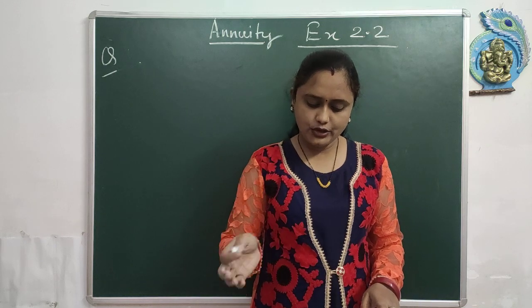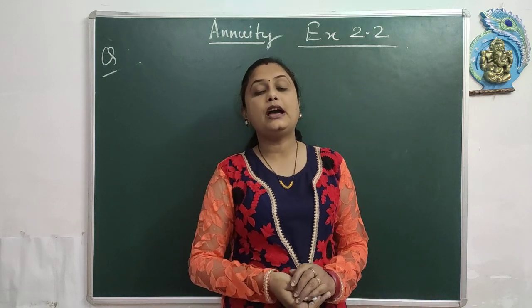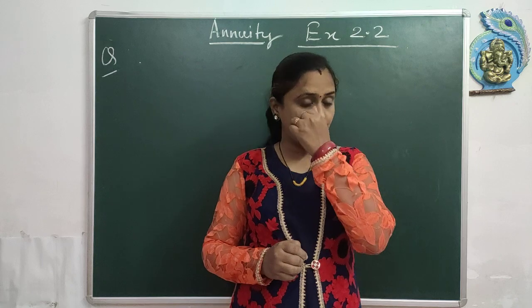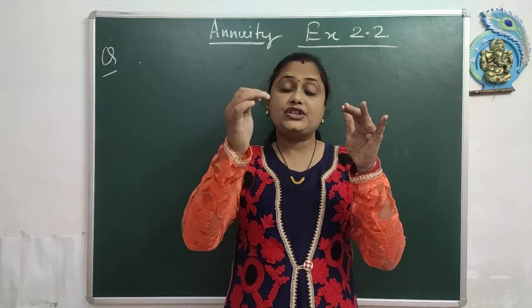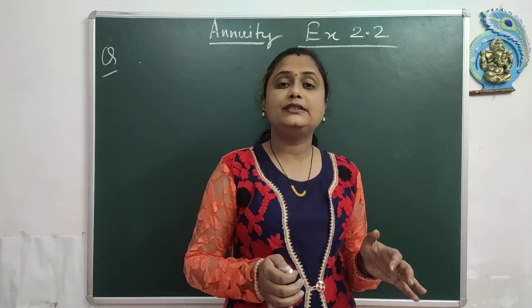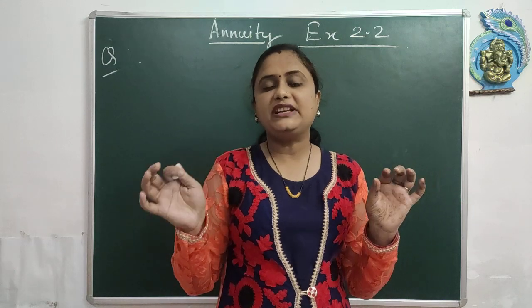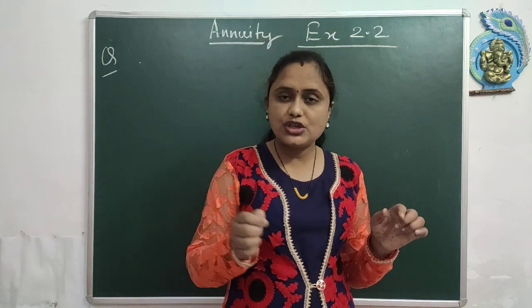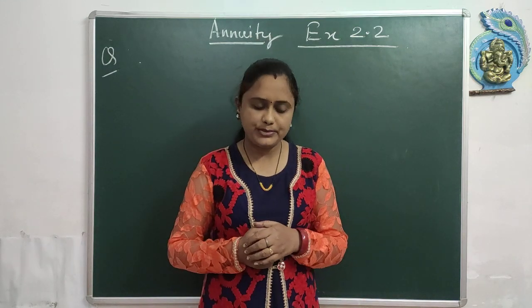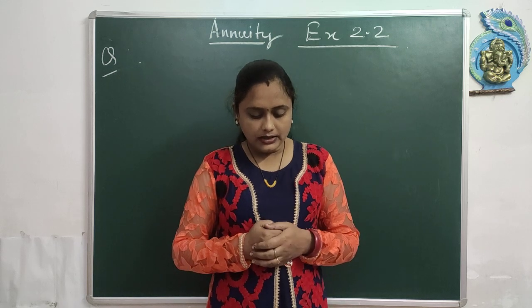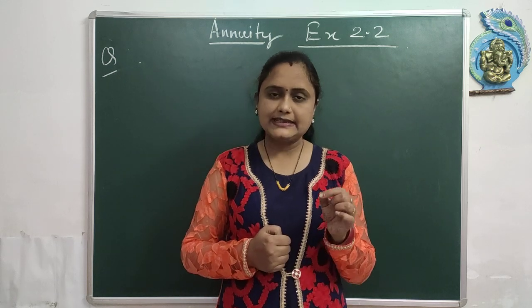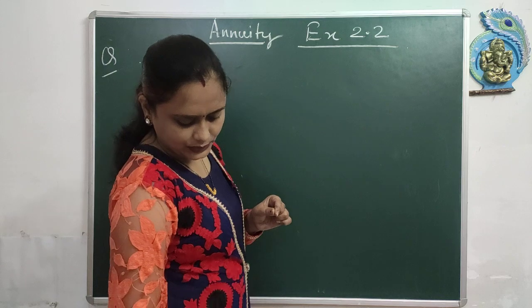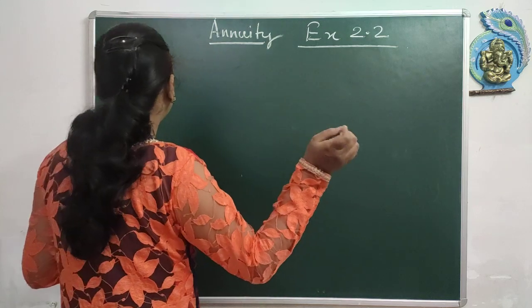Find the present value of an annuity immediate. Now you have to find the present value. Till now, from question number 1 to 4, you have found the accumulated value, that is A, the future value. Now you have to find the present value of rupees 36,000 per annum.